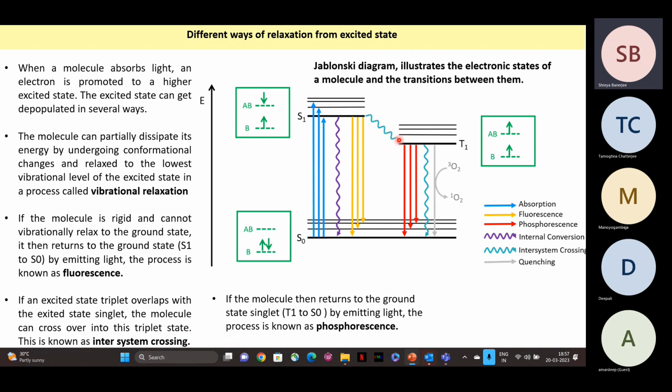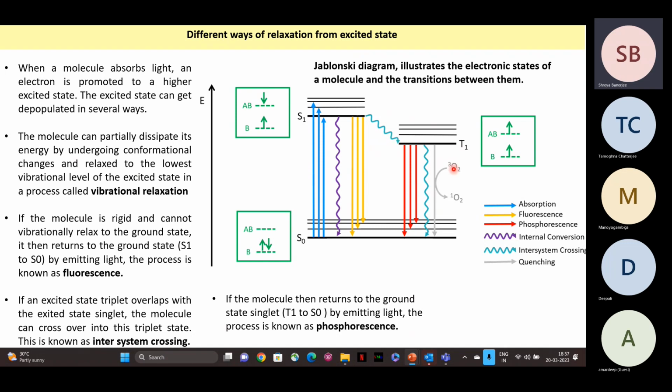So this line that you can see represents inter-system crossing because it is going from a singlet state to a triplet state. And finally, when it comes down to the ground state from the triplet state, that is known as phosphorescence. Phosphorescence and fluorescence are similar.